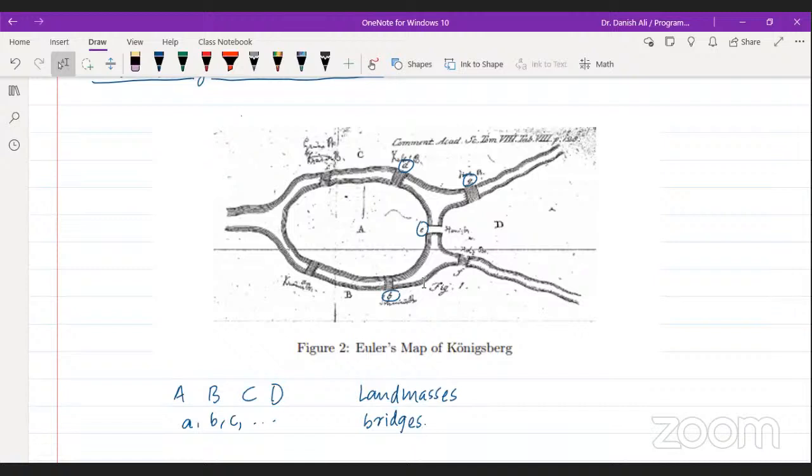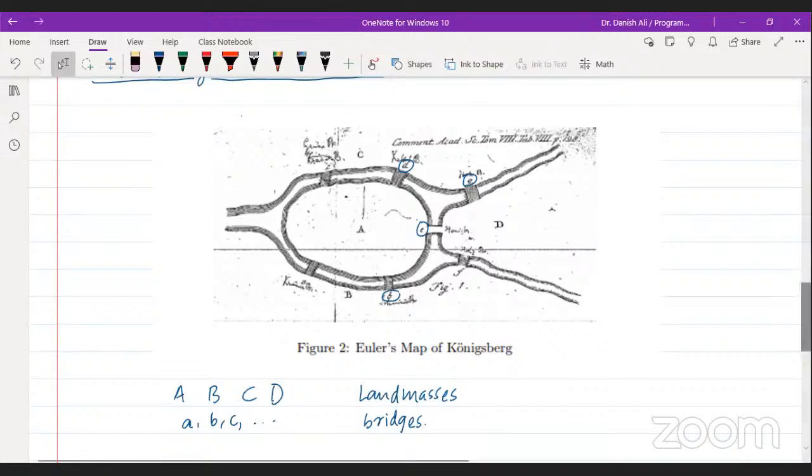He introduced two kinds of letters, the capital letters A, B, C, D for the land masses, and for the bridges he used small letters. Second very important thing, he suppressed all irrelevant information. He only focused on the relevant information.